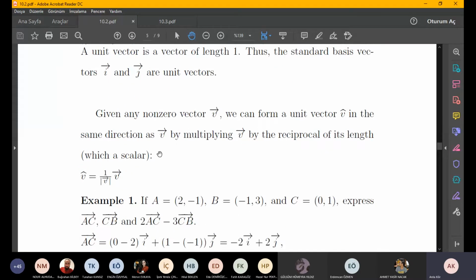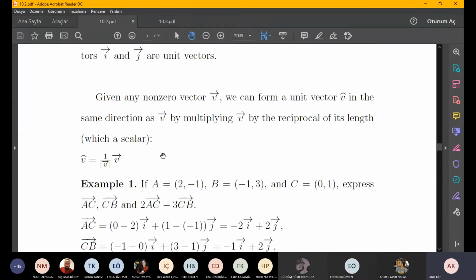And if you have any non-zero vector v, we can form a unit vector, and we will express it by that hat above, in the same direction of v, by multiplying v by the reciprocal of its length, which will be a scalar, of course. So this is your vector v, which is not a unit vector, any non-zero vector.